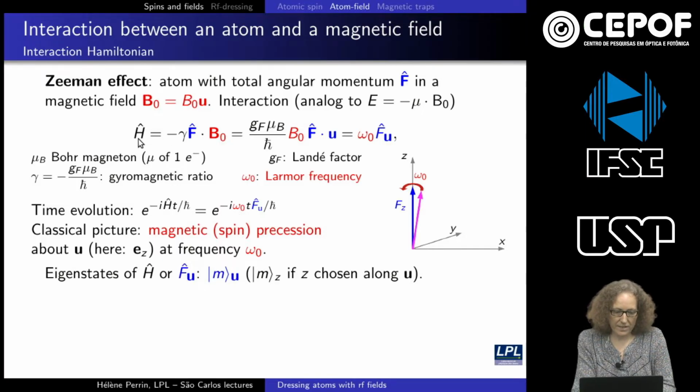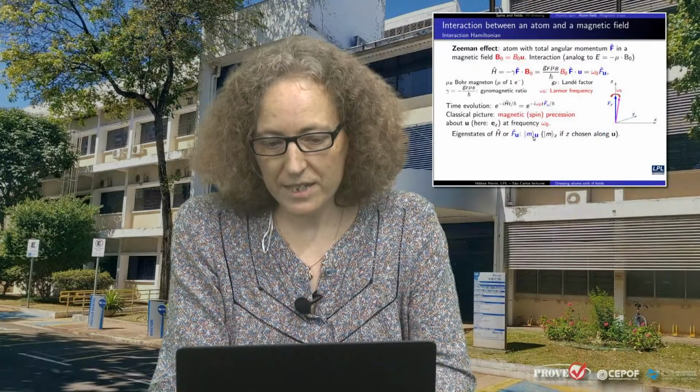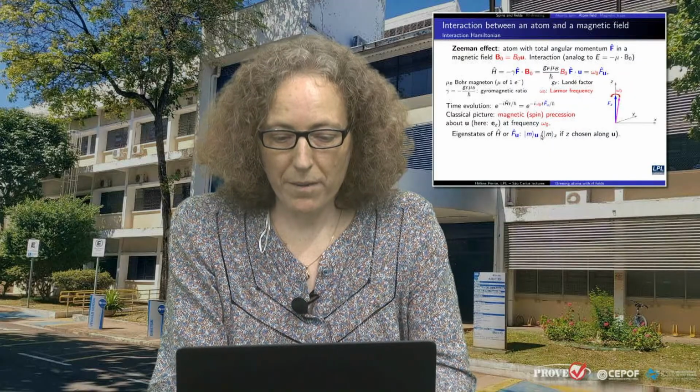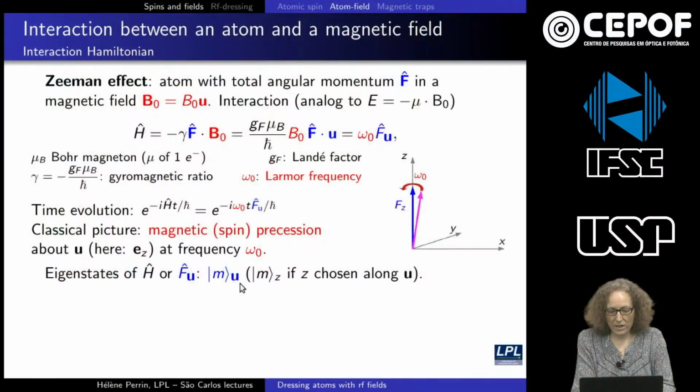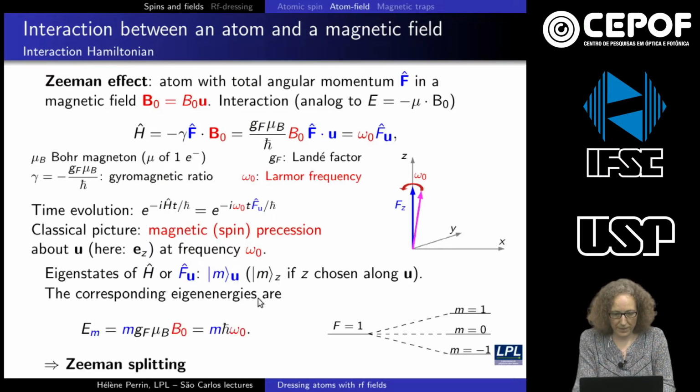So the eigenstates of the spin operators are the same as the eigenstates of the projection of the angular momentum. Of course, that's again these m states from minus F to plus F, where I have to take now the direction of the magnetic field and not any arbitrary direction. So it is z if I choose the z axis along the magnetic field.